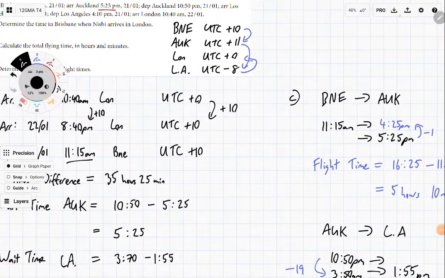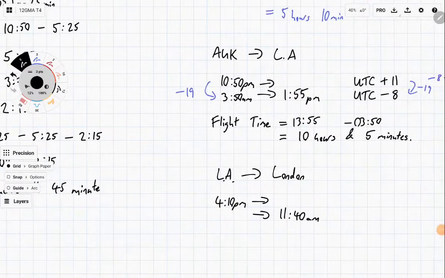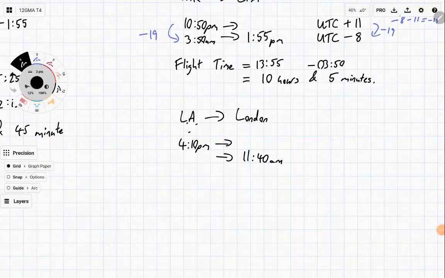Is it AM or PM? Yes, it's AM. But remember, these are on different days. So this is on the 21st, and this is on the 22nd. So days really matter. And once again, they're in different units. This is in UTC minus 8, and this one is in UTC plus 0.